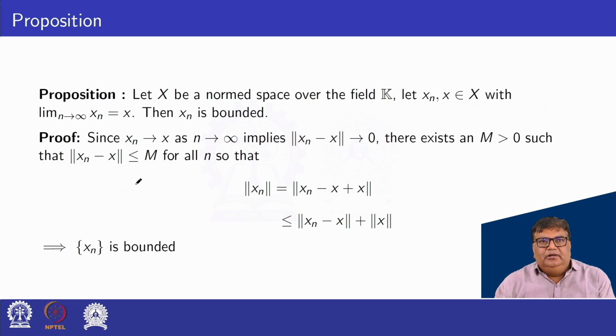Here norm of xn minus x is less than or equal to m, and norm x is a scalar since x is an element of X. So both terms are finite, that is bounded. So norm xn is bounded.